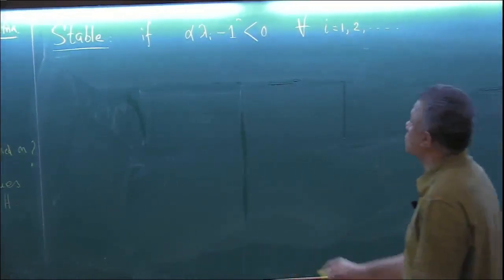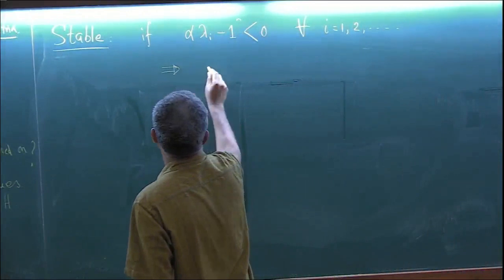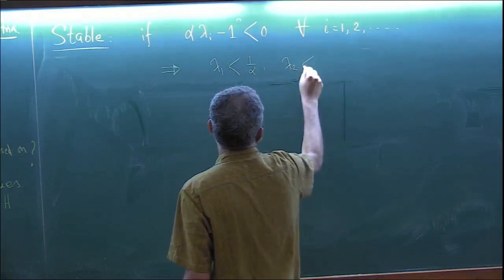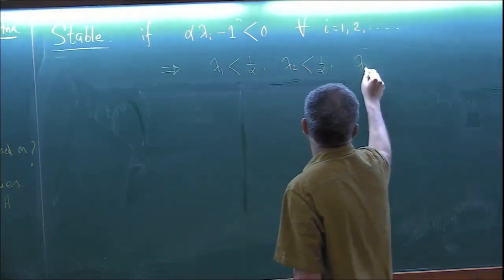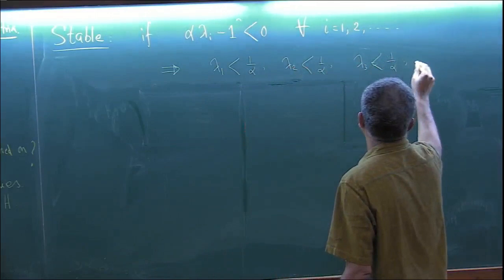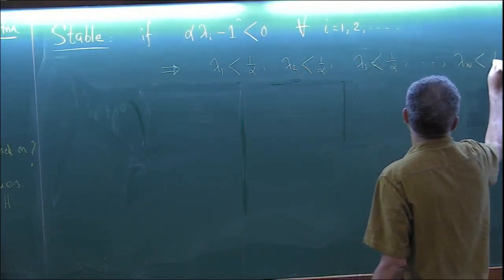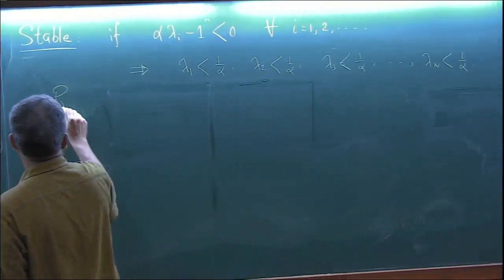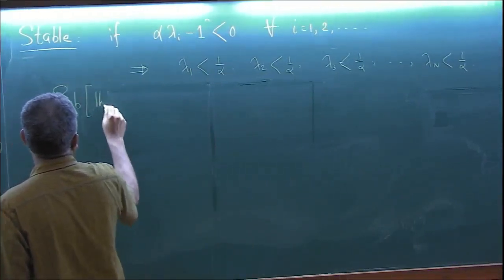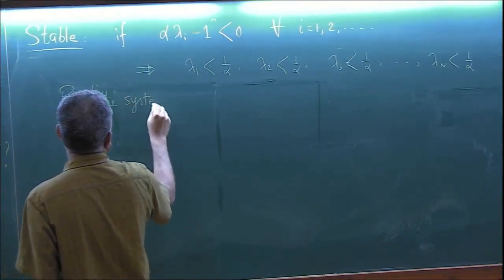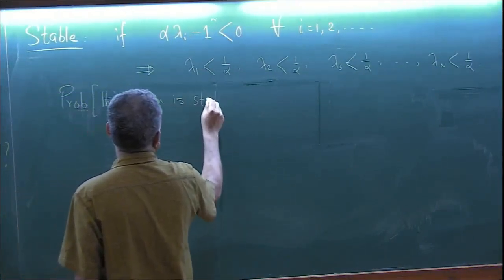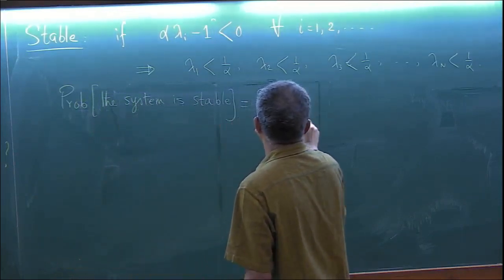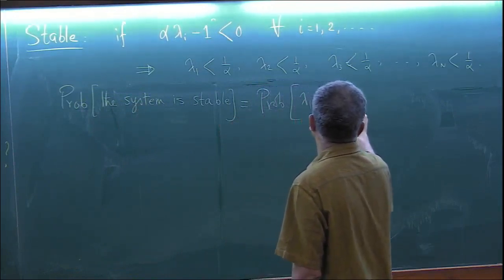This means lambda 1 is less than 1 over alpha, lambda 2 is less than 1 over alpha, lambda 3 less than 1 over alpha, and so on up to lambda n. Therefore, the probability that the system is stable under interaction is exactly the probability that all these eigenvalues are less than 1 over alpha.